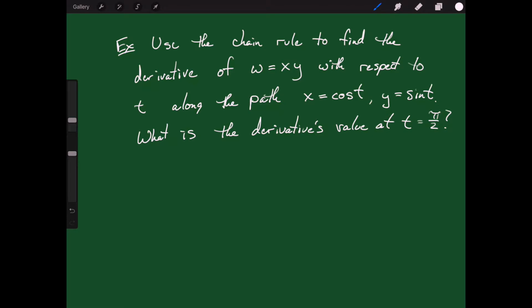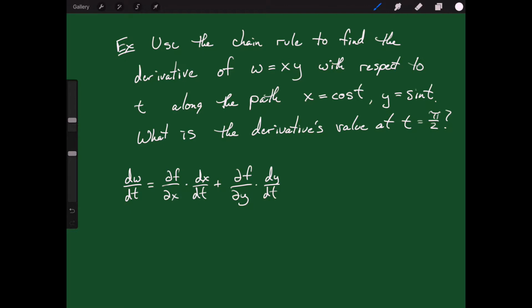So one of the ways that we could go about computing the derivative of w with respect to t, so what we'd like to find is dw/dt, is I said that we could take the partial of this function f with respect to x times dx/dt plus the partial of f with respect to y times dy/dt.